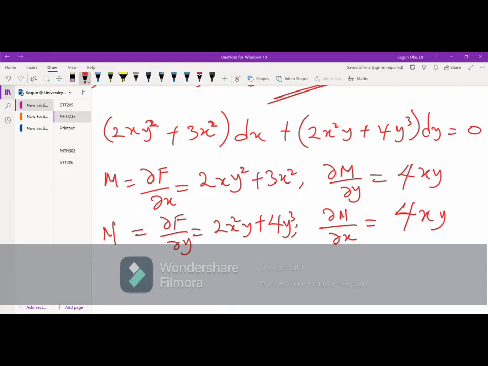Prove that the following equations are exact and solve them. Some will say verify the integrating factor. Some will say solve the equation. And another will say solve the following equation with respect to, in a different way, the way you can solve them.